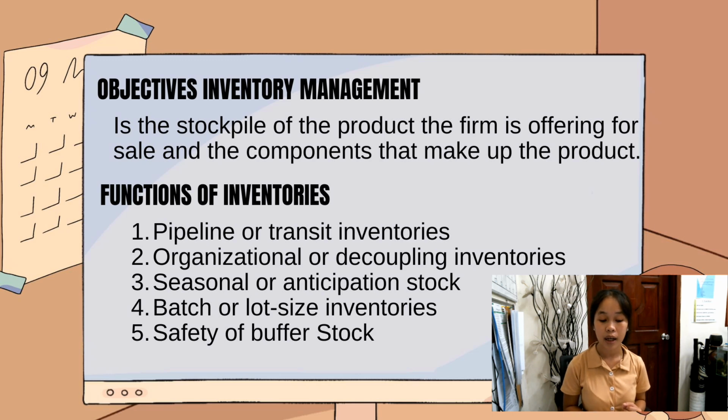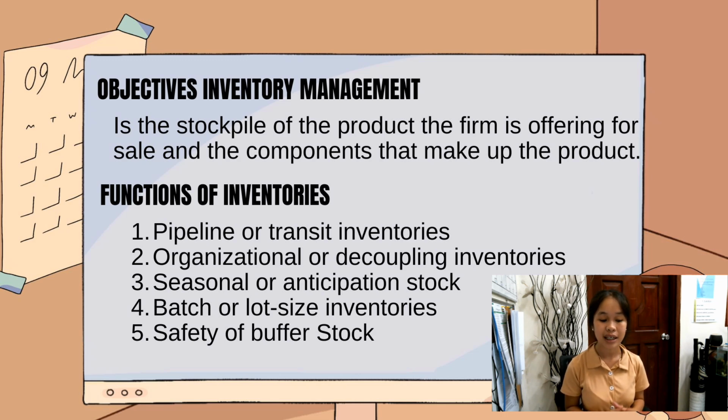First is pipeline or transit inventories. Second is organizational or decoupling inventories. Third is seasonal or anticipation stock. Fourth is batch or lot size inventories. And lastly is safety or buffer stock.